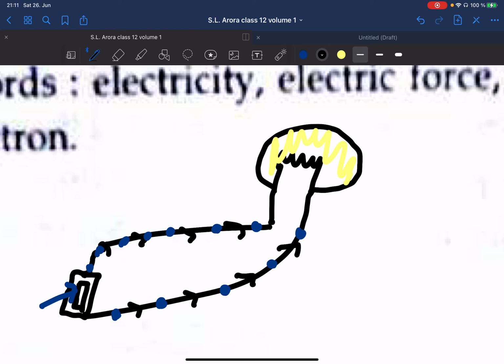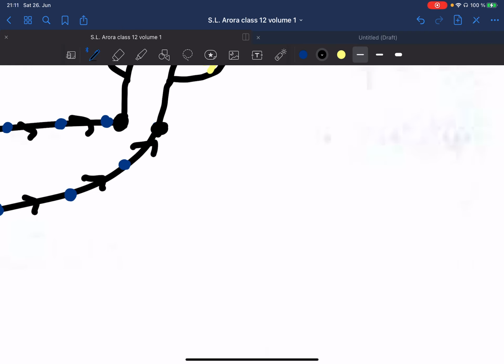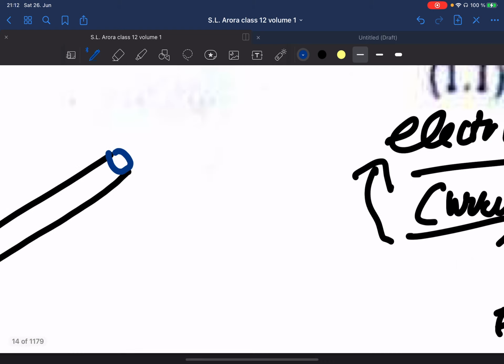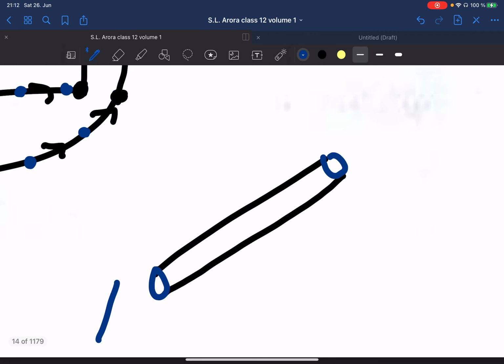And as soon as I press this button, what happens is there is a potential difference between these two points. You can explain it like this: see, there's a pipe, okay?